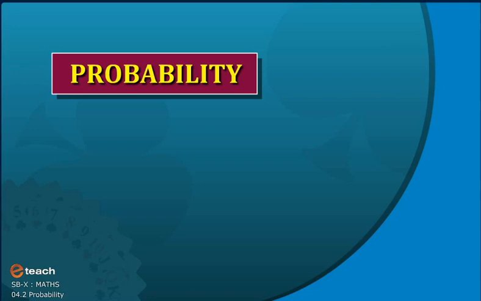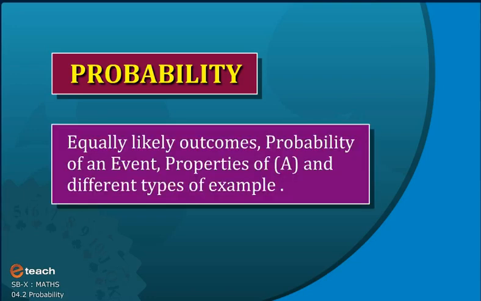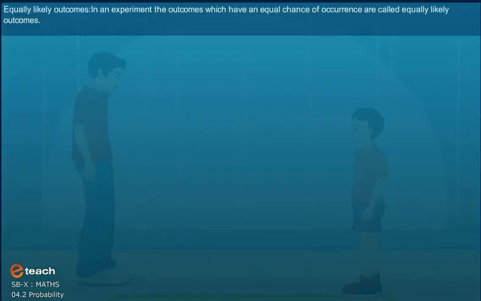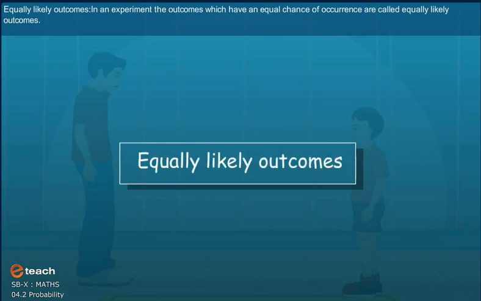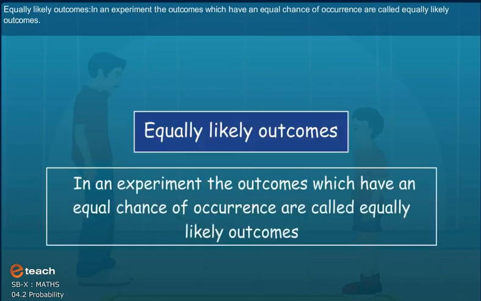Probability. Equally likely outcomes, probability of an event, properties of P(A), and different types of examples. Equally likely outcomes: in an experiment, the outcomes which have an equal chance of occurrence are called equally likely outcomes.